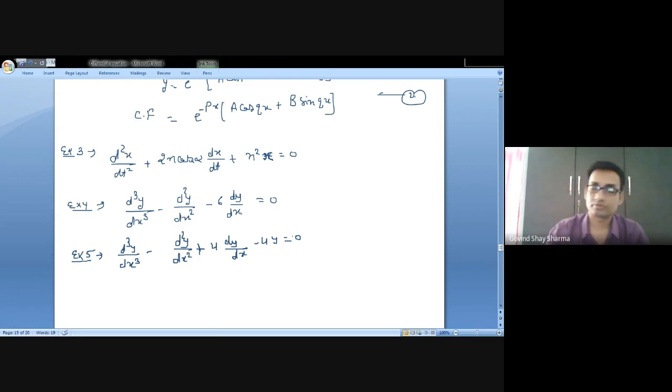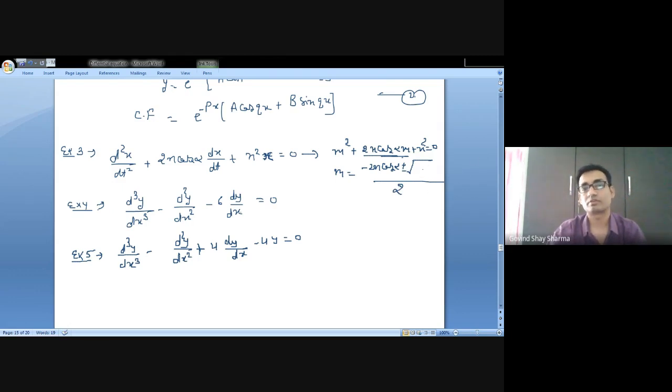So there is some clue for you. In the first question, the auxiliary equation becomes m square plus 2n cos alpha m plus n square is equal to 0. So m is minus 2n cos alpha plus minus root b square minus 4ac, upon 2a.